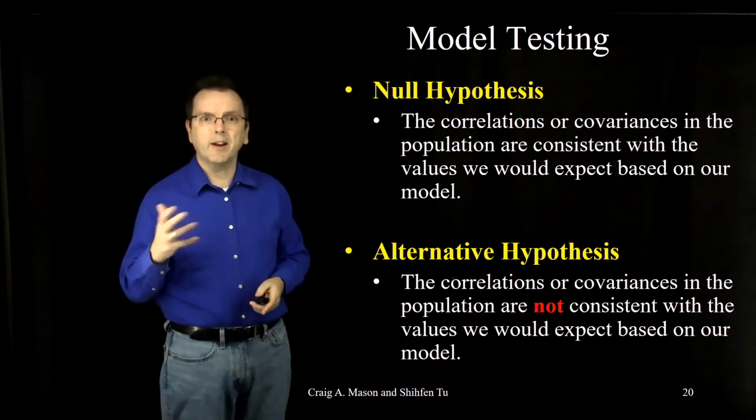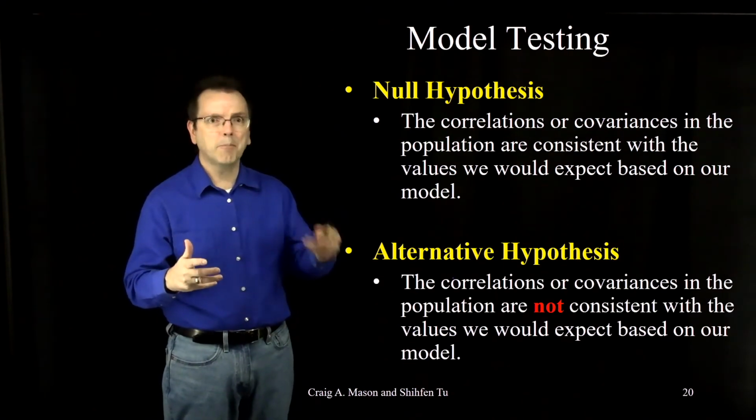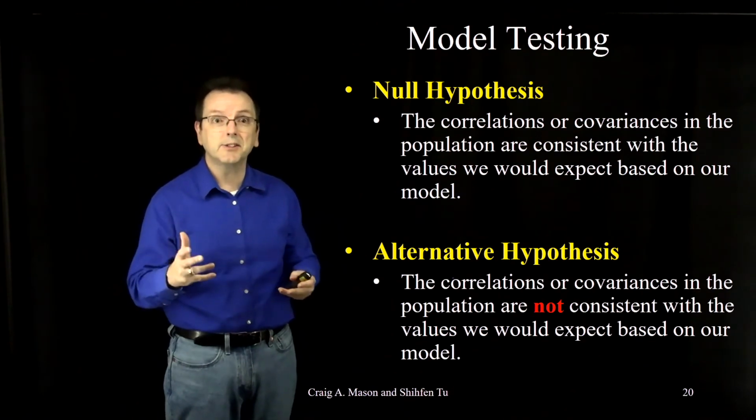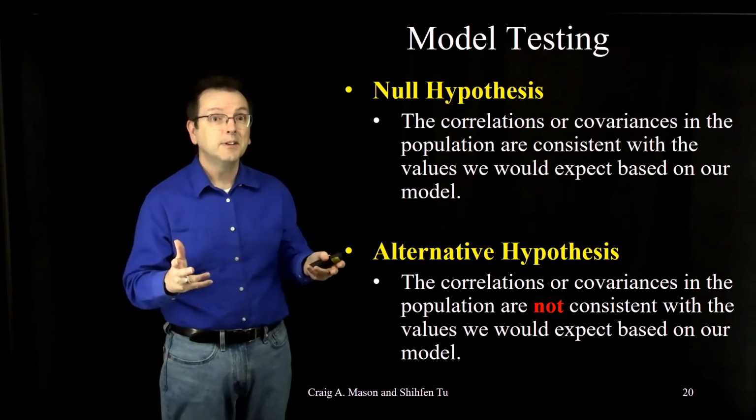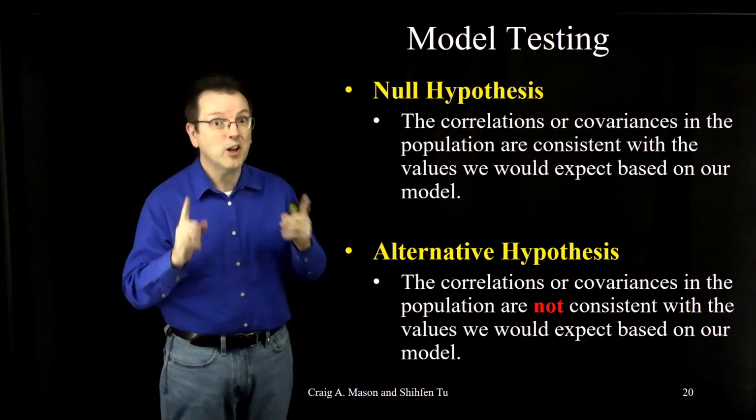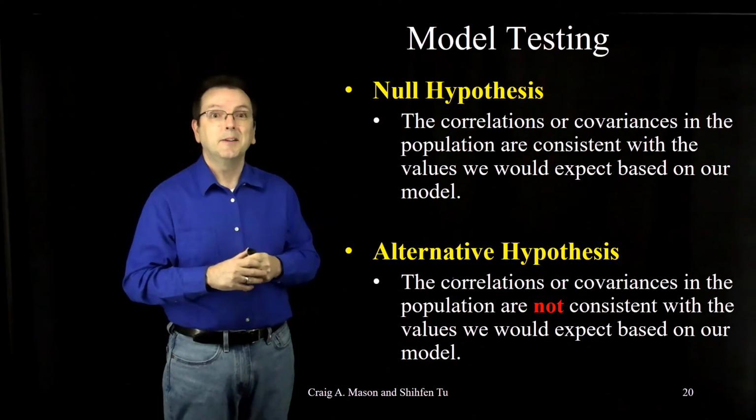We calculate our chi-square, we find our p-value, we make the decision to reject or fail to reject our model, which again is functionally the null hypothesis. Pretty slick, isn't it?